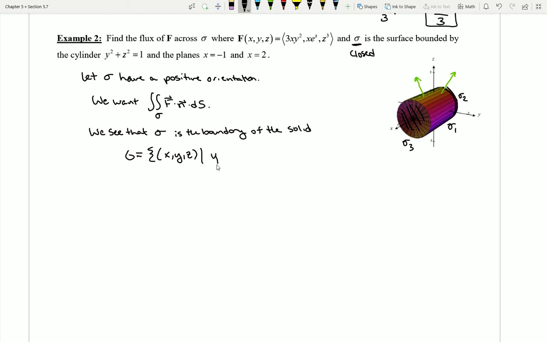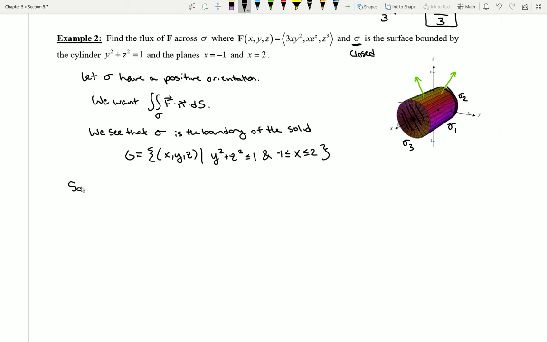Very clearly, I need to have y squared plus z squared be less than or equal to 1. Notice if it's equal, I'm going to get a point that's on the cylinder, and if it's less than, I'm going to get something towards the inside. But I also have restrictions on the value of x. That is, x specifically has to go between -1 and 2.